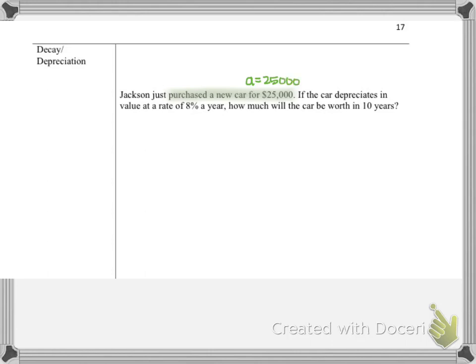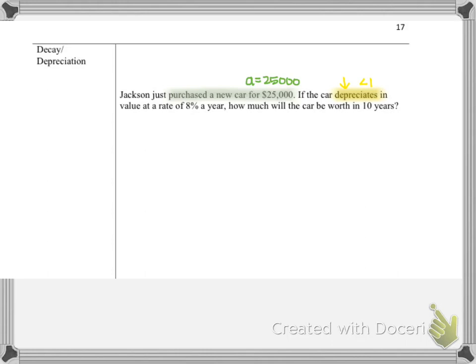Then we want to see actually that the value of the car seems to be going down. So depreciating means that the value is going to be lower than 100%. So that means that this decimal had better be less than 1. So somewhere between 0 and 1.